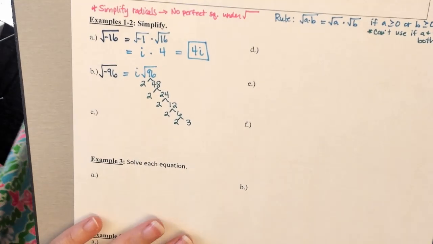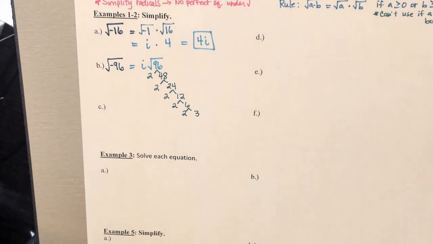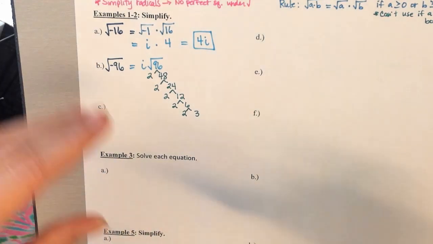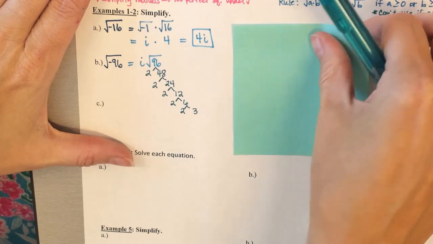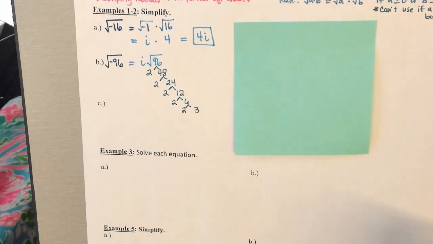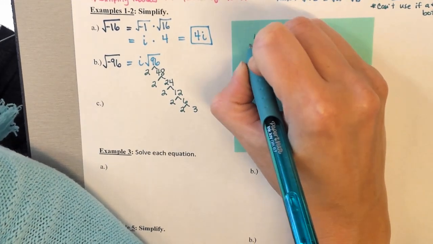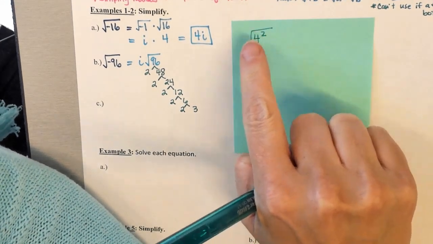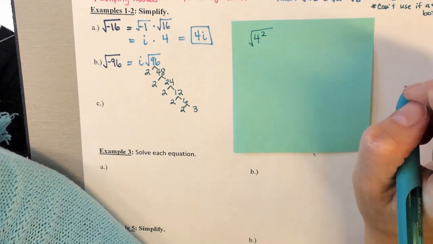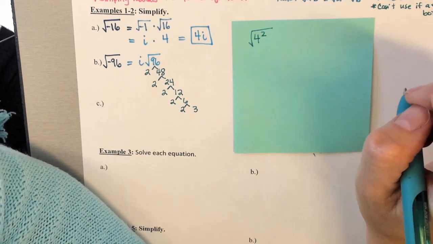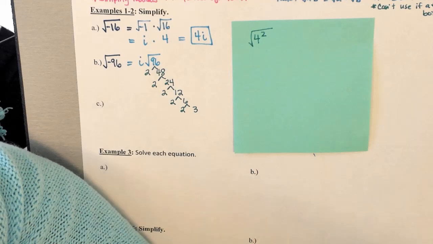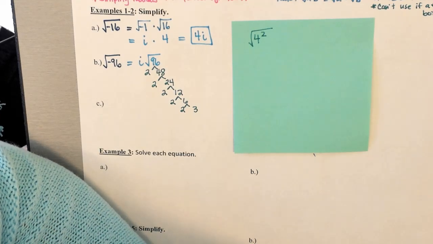Okay, so for this one above, we did the square root of 16, okay, and the square root of 16 is 4. Do you guys know why the square root of 16 is 4? Okay, and so if 4 squared is 16, and you do the square root, we talked about earlier, the square root undoes the power of 2, right? So in order for something to come out, you have to have how many of them? 2.